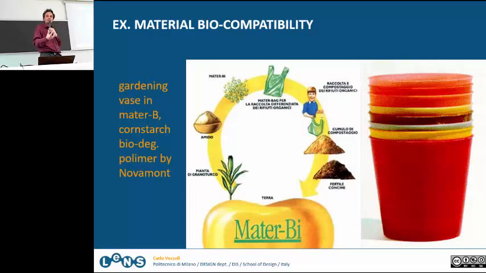So you put the vase into the ground, together with the plant, and the vase will biodegrade. That's fine. So you don't have a waste. So it's good for the purpose. But you just have to think what is the life cycle of the product that is really going to happen, that it is going to be used as a compost, or at least that there is a chance that it will be composted. For the pan that we said the other time, for sure no one would ever compost that pan, right? In this case, yeah.